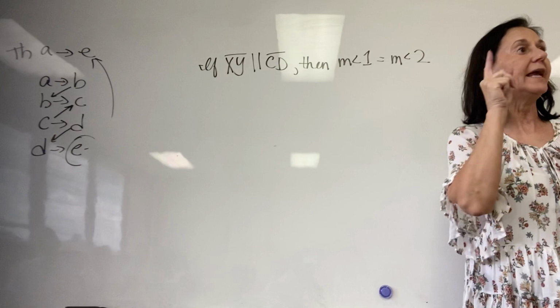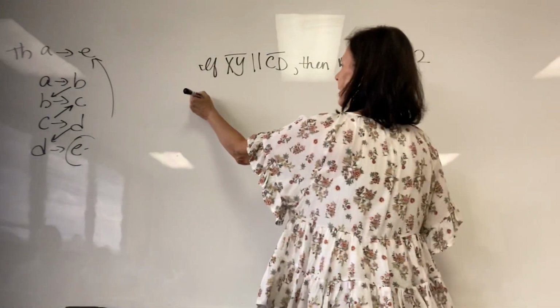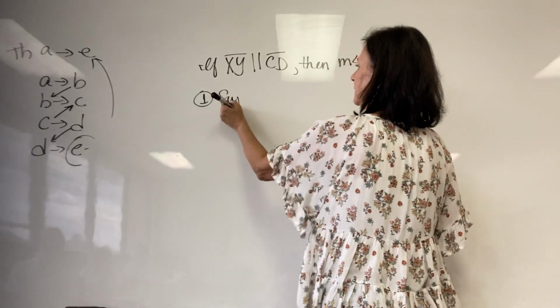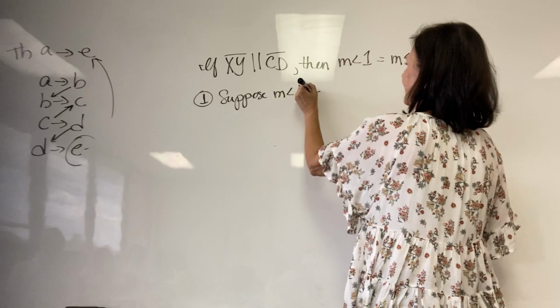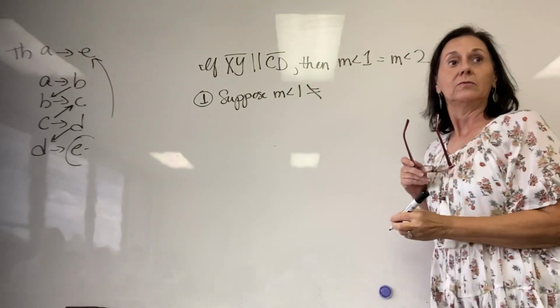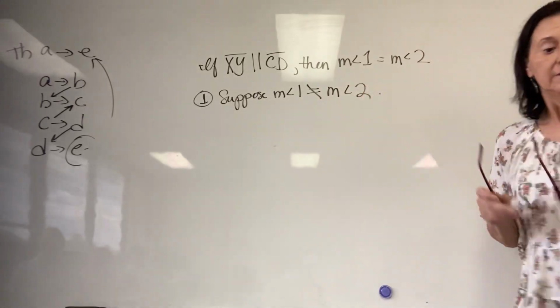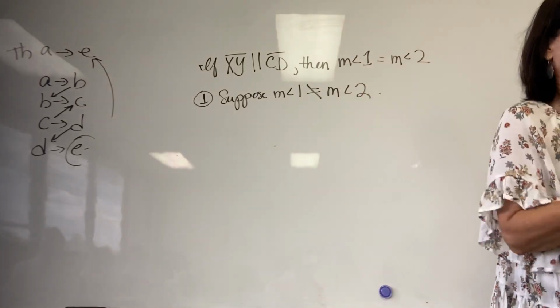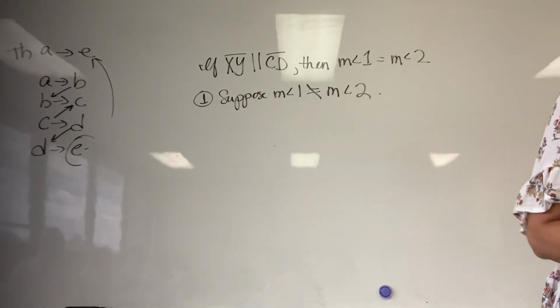If I'm doing an indirect proof, my very first premise is going to be, suppose the measure of angle 1 does not equal the measure of angle 2. Do you see how these begin differently? Yes? No?